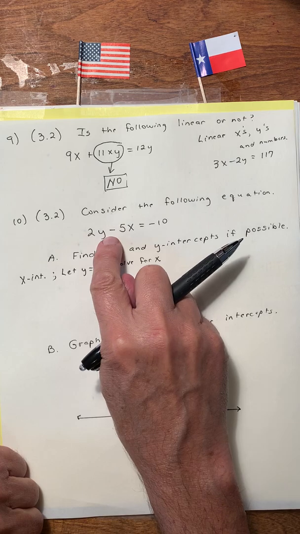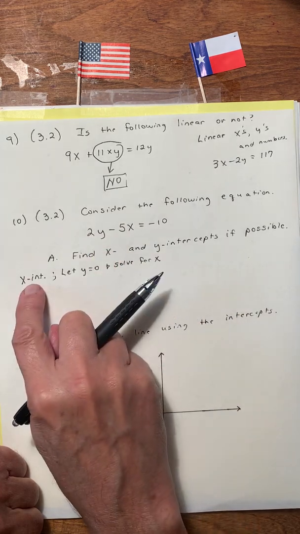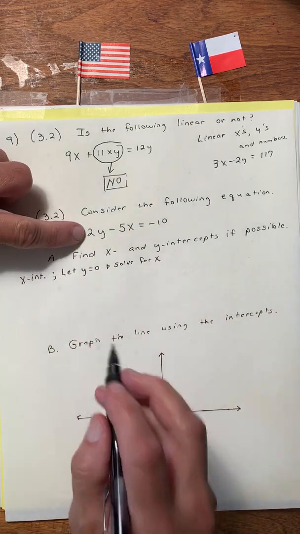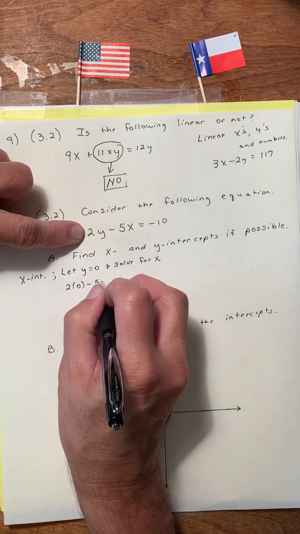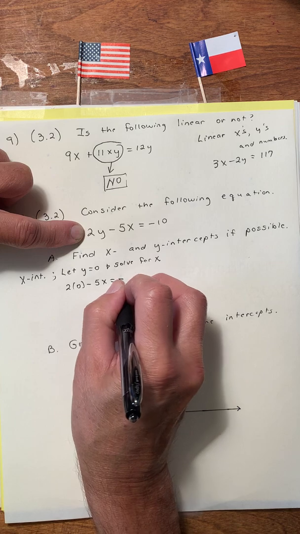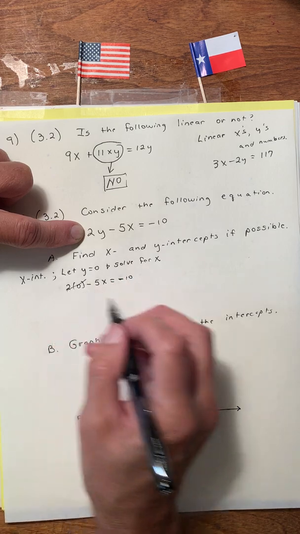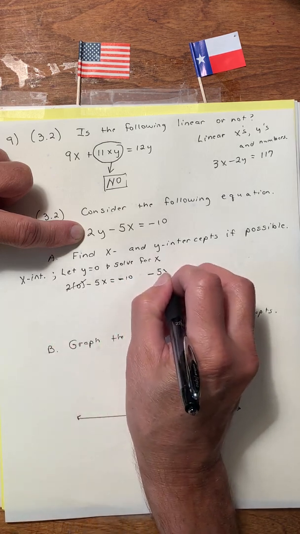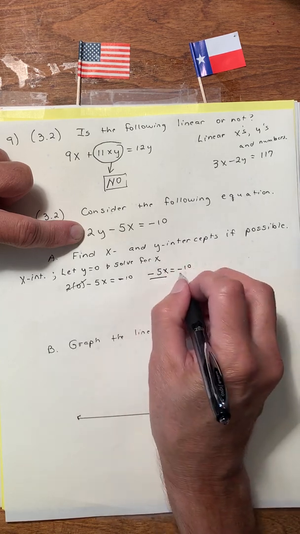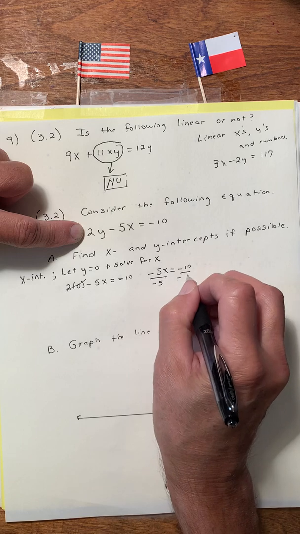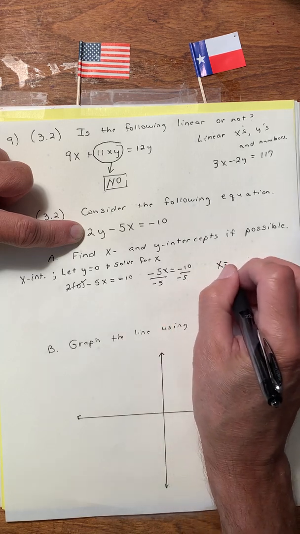So in this equation, to find the x-intercept, I'm going to let y equal 0. So I got 2 times 0. 2 times 0 is just 0. I get negative 5x equals negative 10. I want x, so I divide by negative 5. X is 2.